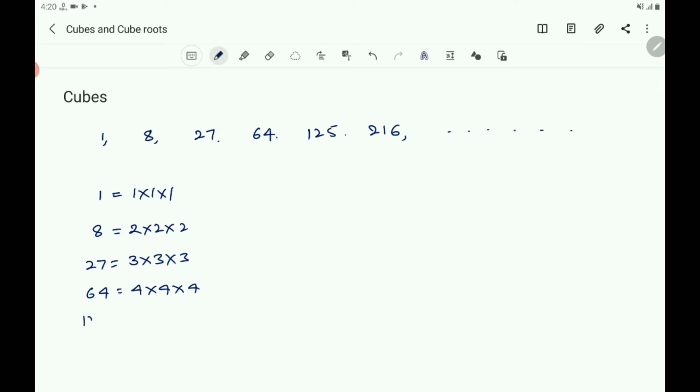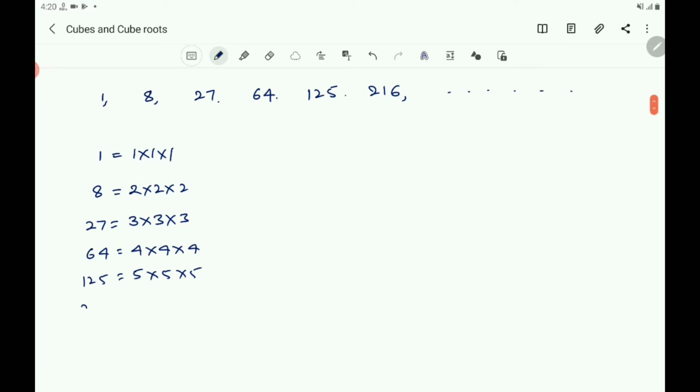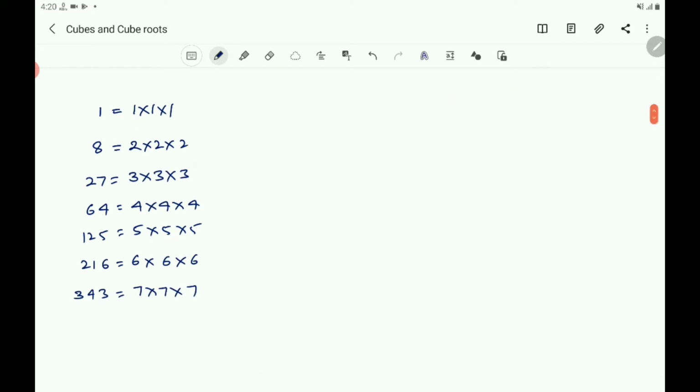Then 125 is a product of 5 into 5 into 5. And 216 is a product of 6 into 6 into 6. Similarly, you can write 343 is a product of 7 into 7 into 7. And next we have 512, a product of 8 into 8 into 8.